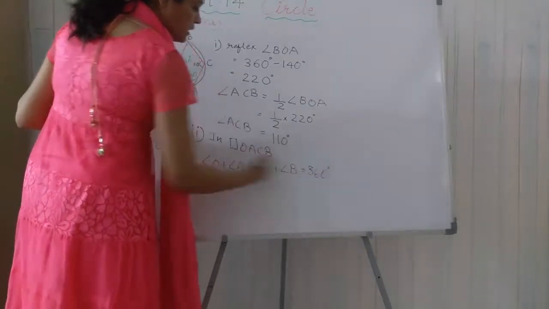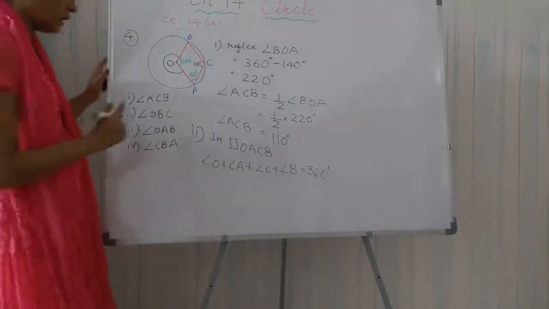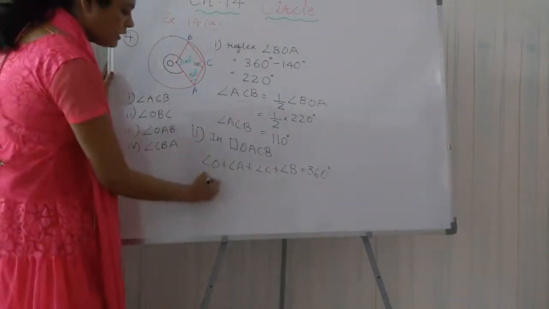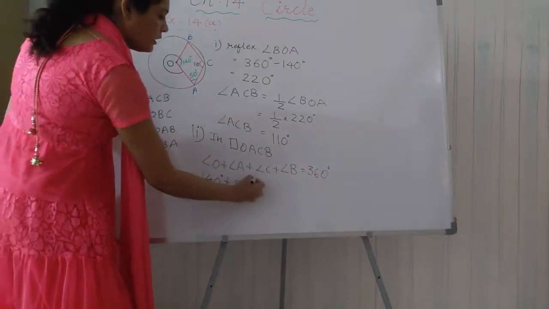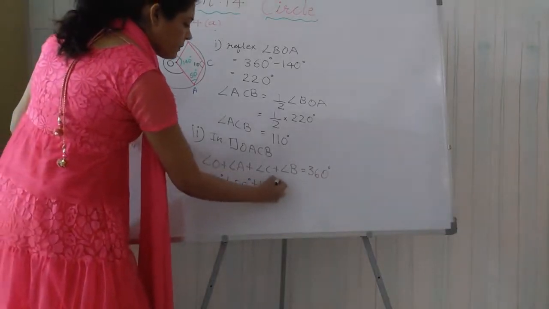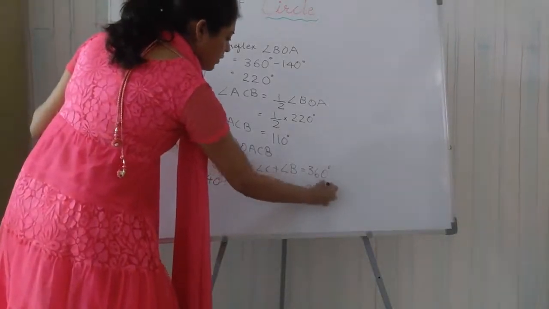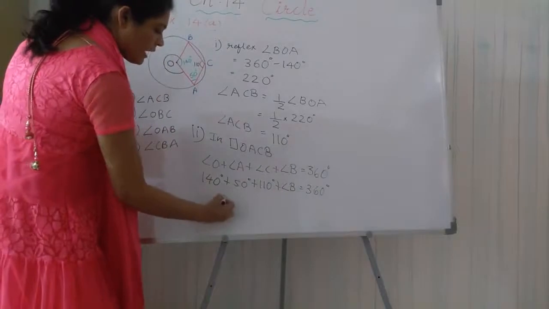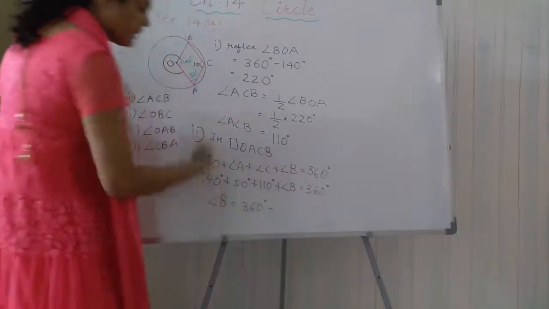We all know the sum of all four angles of a quadrilateral is always 360 degrees. Now I am adding the angles accordingly: 140, 50, 110 degrees plus angle B, which we want to find out, and subtracting the sum from 360 degrees on the right hand side.